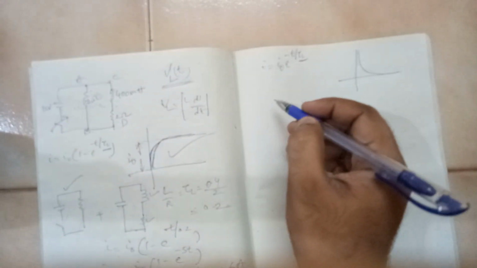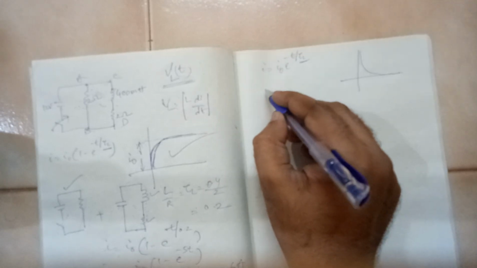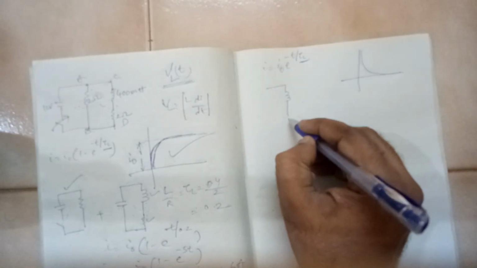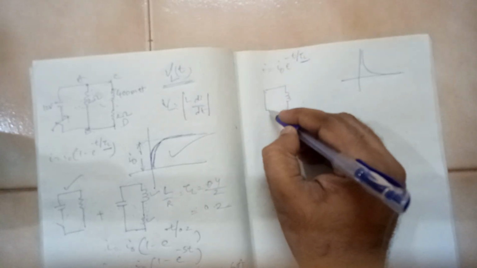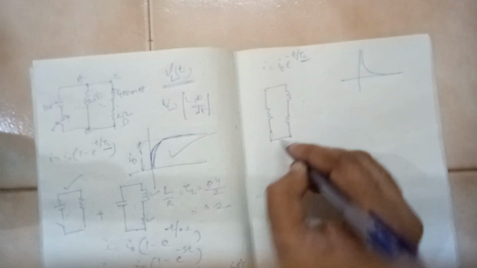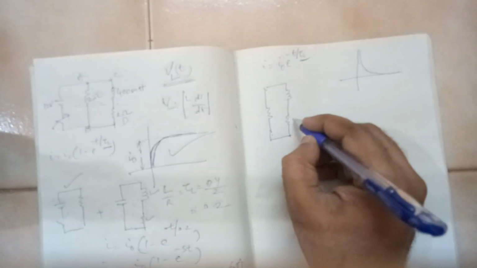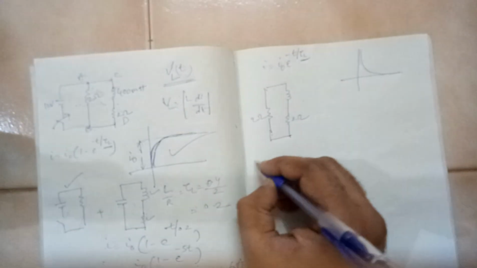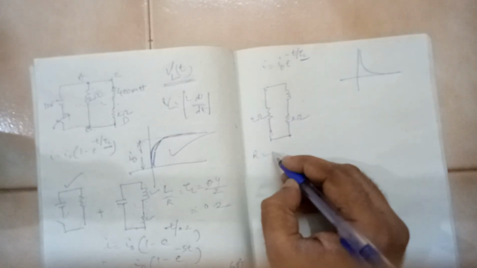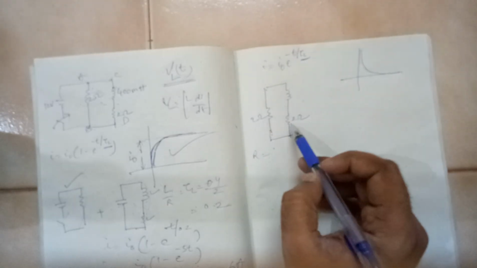No. In this situation, the circuit will look something like this. This is the circuit. There is 2 ohms here, there is 2 ohms here. So R is total how much?